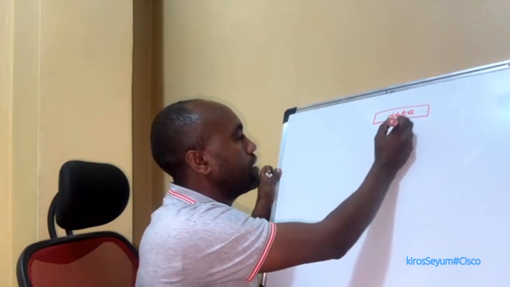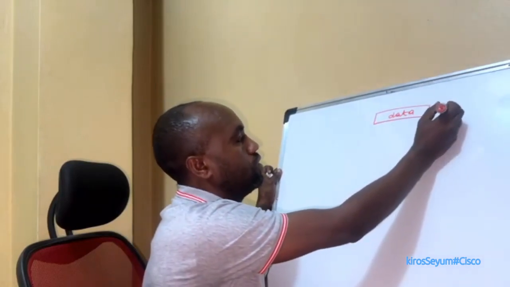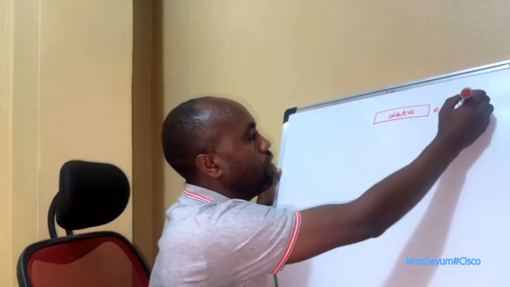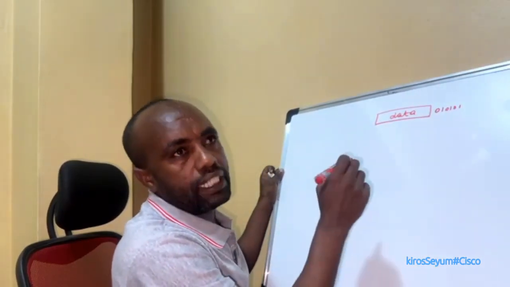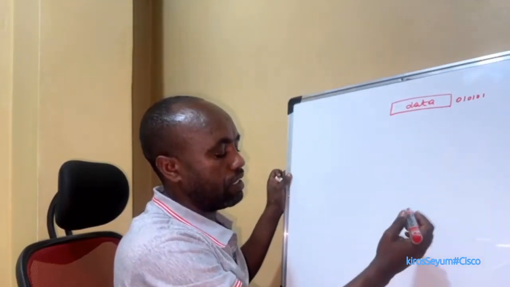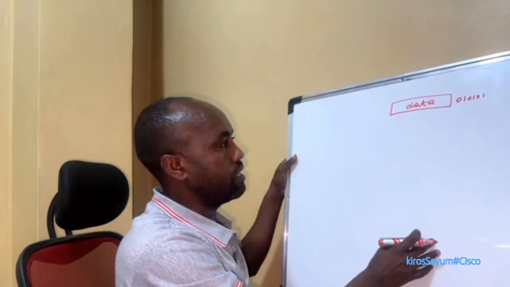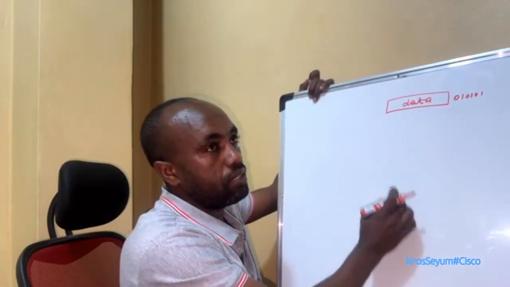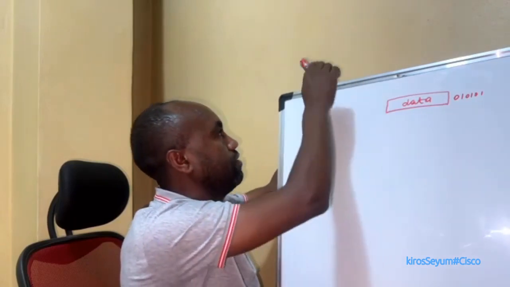This data can be video, audio, or text. When we want to transmit it from the source to the destination, we need what we call protocols. So the protocols have to be embedded in the data.